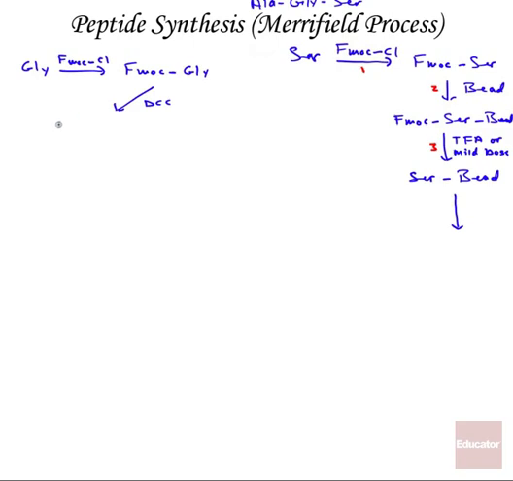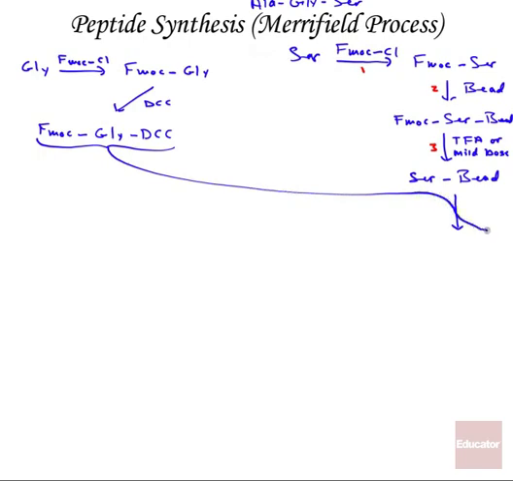And I'm going to end up producing FMOC gly DCC. Now I'm going to take this, and this is going to be my reagent for this reaction. It's going to come in here, and what's going to end up leaving is DCC. This is going to react with this, and what I'm going to end up with is the following.